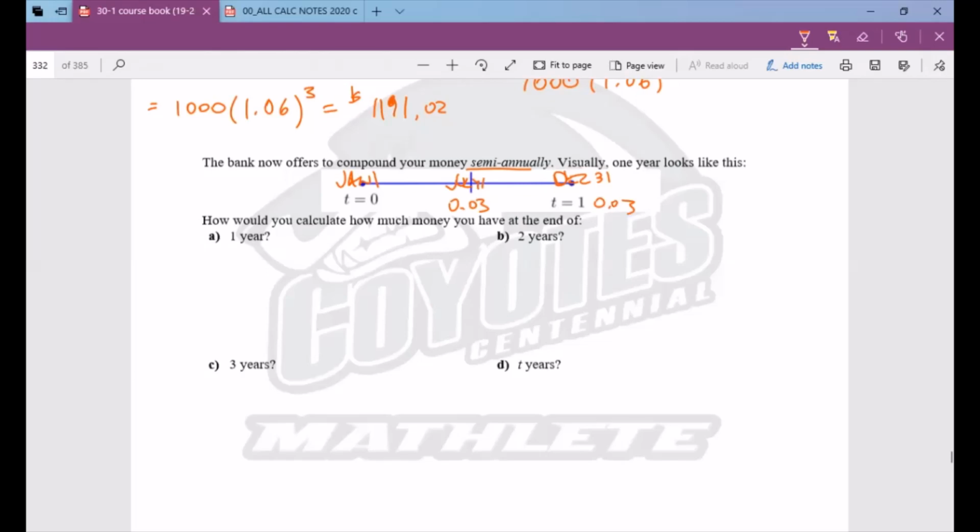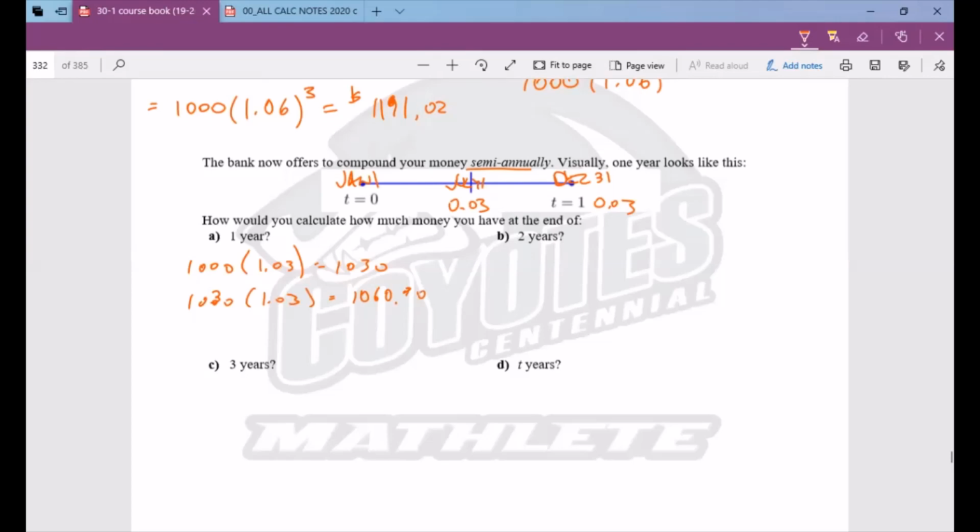And so what this ends up looking like is for 1 year of interest in your account, you have 1,000 times 1.03. That would give you your balance after 6 months, 1,030. And if you took that and multiplied by 1.03, that would be your end of the year balance, 1,060.90.